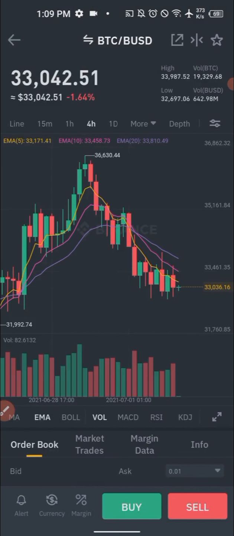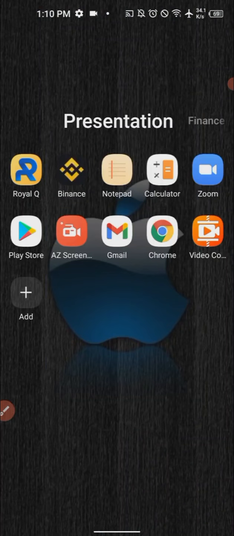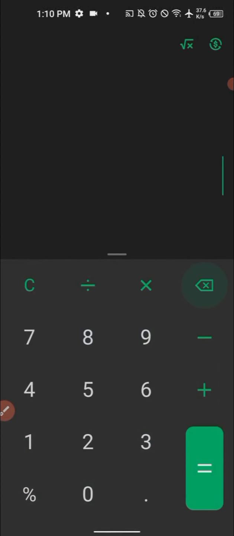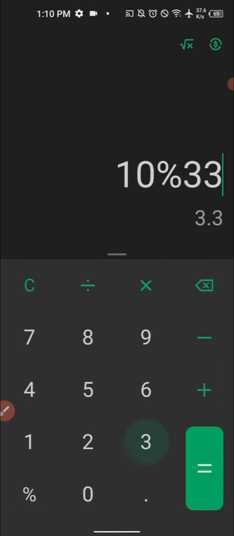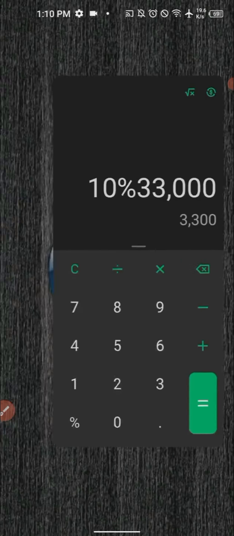So let's say the price now is at, okay, let's expand this. Let us see the days. So the price is at $33,000. 10% of $33,000 will give us 3,300, right? So if I want to take 10% profit, meaning the price has to go higher by $3,300.